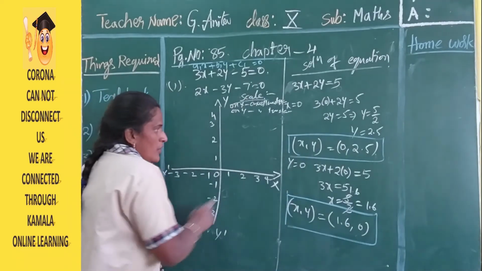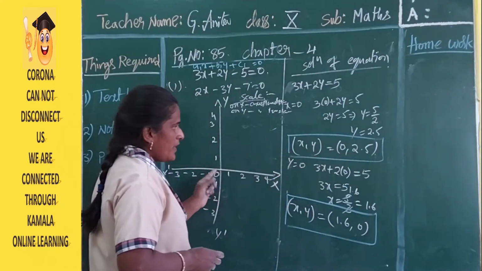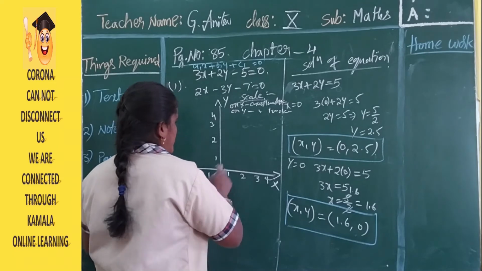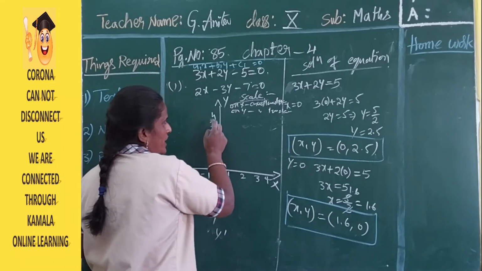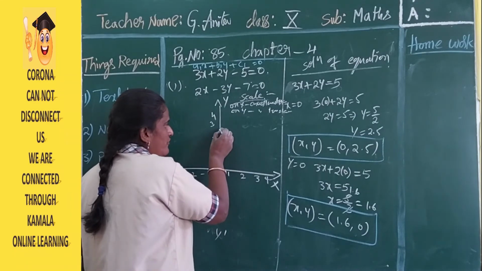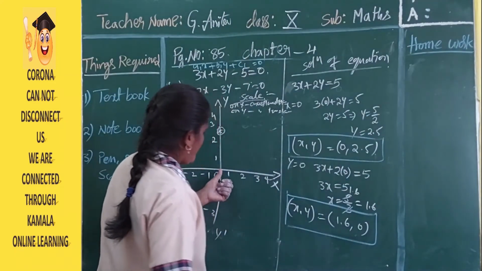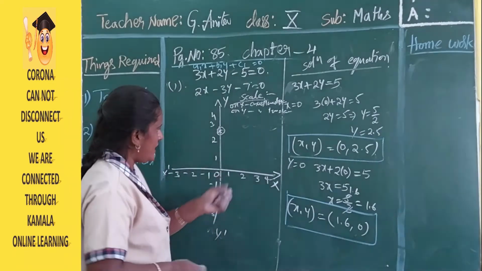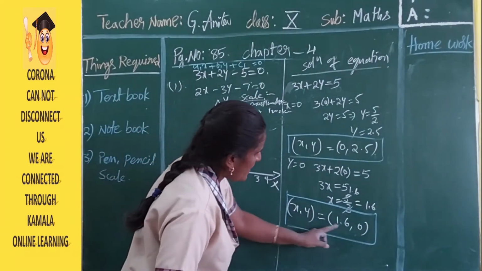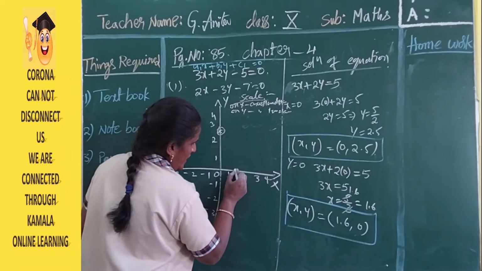Next, plot the points in the graph. x as 0 and y as 2.5, that means between 2 and 3, so 0 on the x-axis and 2.5 here. Next, y as 0 means here only. Next, the x value as 1.6, which is between 1 and 2.